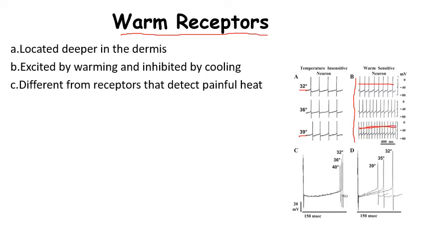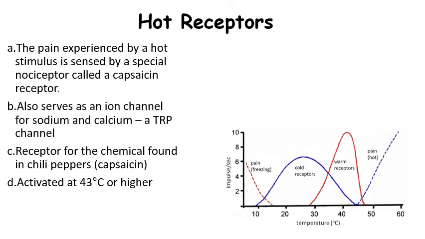This is different from extreme temperatures, because remember, extreme temperatures, really hot, are detected by the nociceptors, the pain receptors. And that's what we see here with not warm but hot receptors. The warm receptors respond within a range of temperatures here, but once we get to extreme temperatures, there are hot receptors for pain that are going to respond to the extreme temperatures.